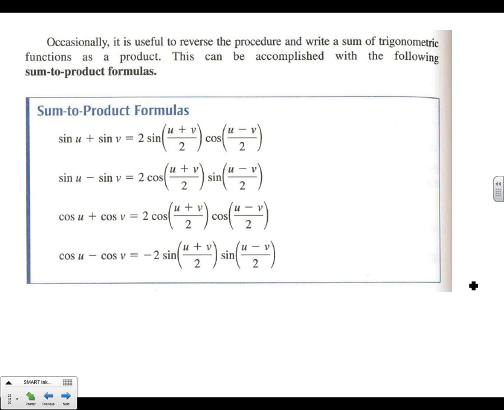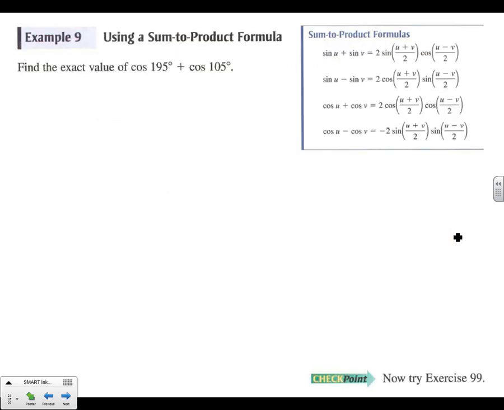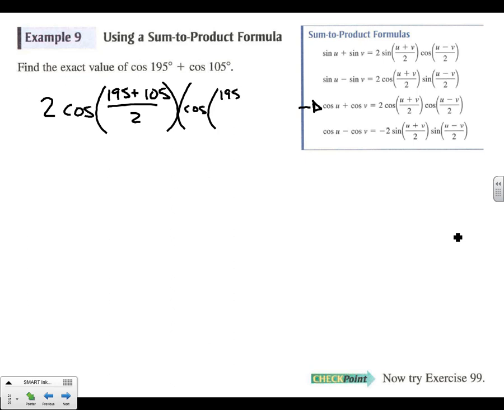And then lastly here, we have sum to product formulas that go in the other direction. If we're adding or subtracting, we can put them together as a product. So let's do cos 195 plus cos 105, cos u plus cos v right here. So we're going to do 2 cos, add them together, 195 plus 105 over 2, times the cos of, subtract them, 195 minus 105 all over 2.